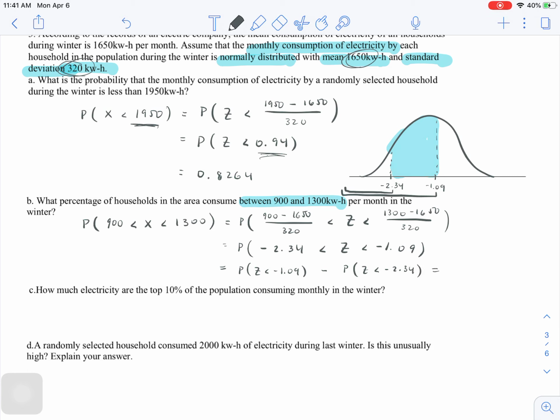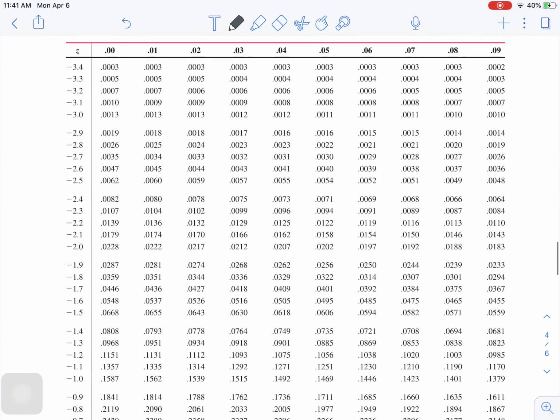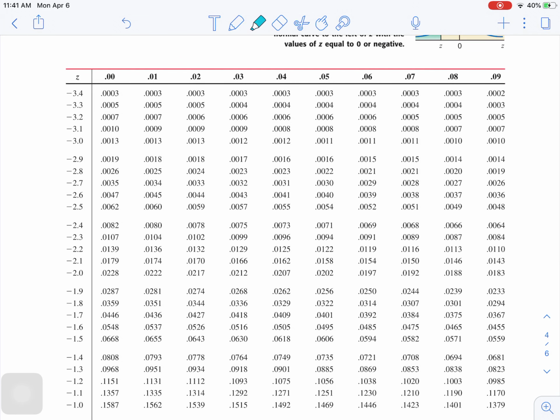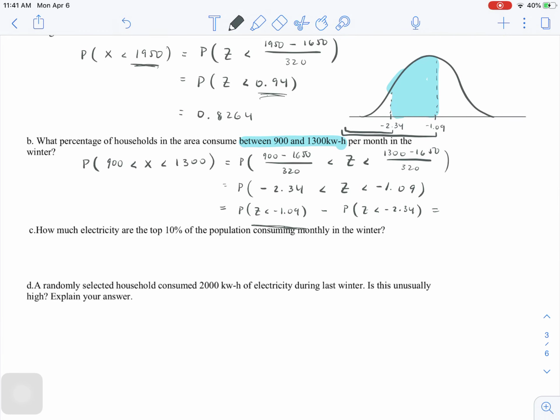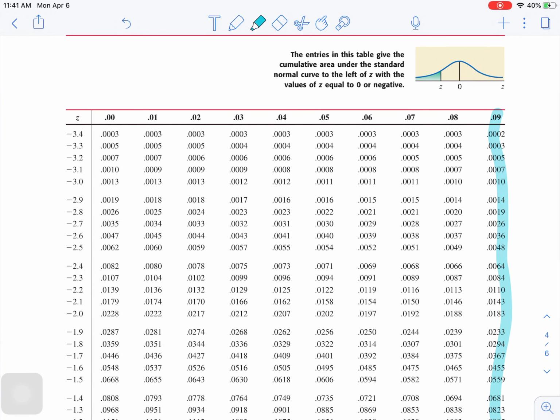Okay, so now I'm going to read these probabilities off my table. I look up negative 1.09. Negative 1.0 is here, 0.09 is here. So the area to the left is 0.1379. Next, I'll look up negative 2.34. Negative 2.3, 0.04.